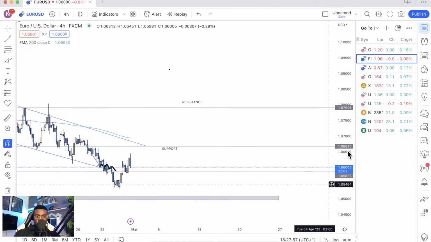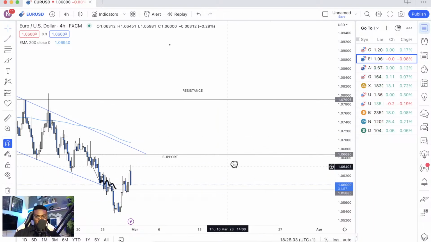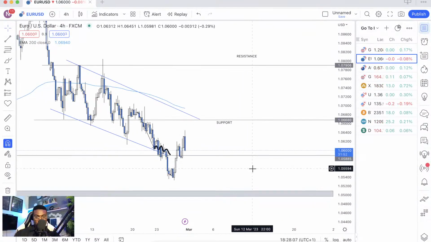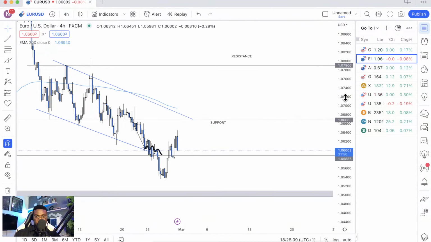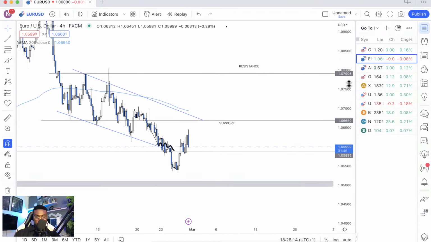Just going to zoom in a little bit so that you guys can see clearly what I'm talking about. So there are still possibilities on the euro dollar market. There are still possibilities of a potential downside.